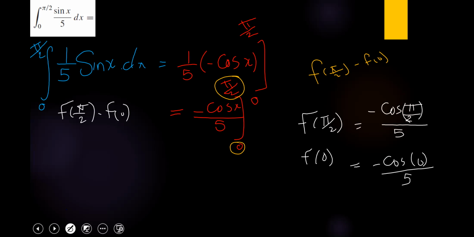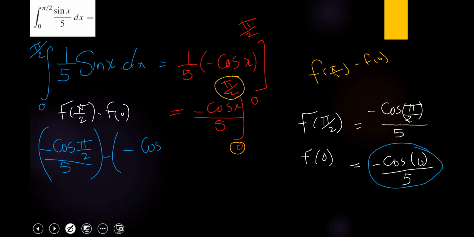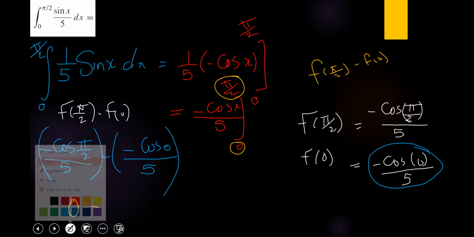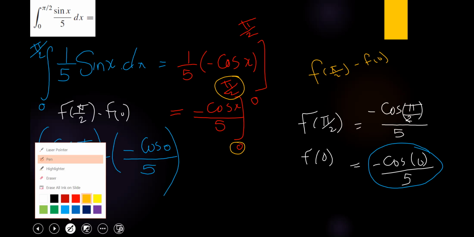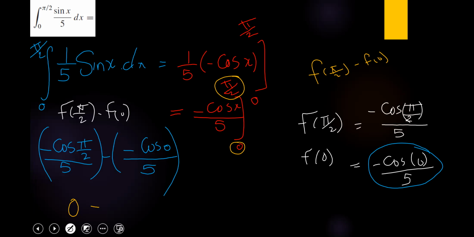So let's complete here. We said f of pi over 2 is negative cosine of pi over 2 over 5, minus f of 0. Where is f of 0? It's negative cosine of 0 over 5. Now I want to evaluate. Cosine of pi over 2 is 0, times negative 1, 0. So the first term here is 0, minus negative cosine 0.